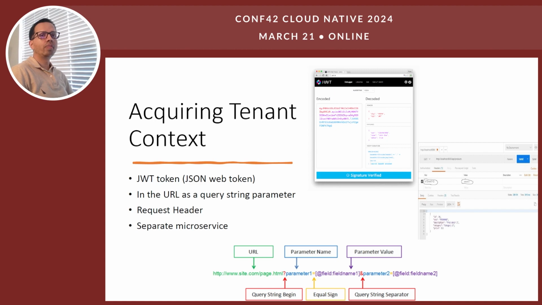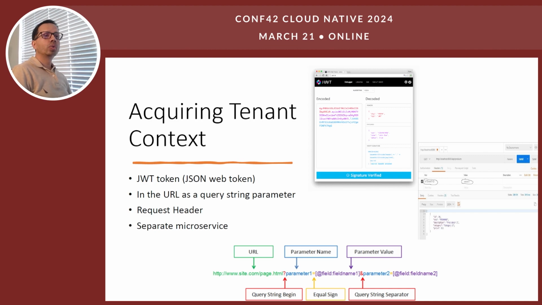The payload is a list of key value pairs, or claims, that tell us about the token: who issued it, when it is going to expire, or the intended audience. We can add our own key value pairs to these tokens, and we will use this to pass along the tenant ID. The last part is the signature, a combination of the encoded header, payload, and secret, and we can use it to ask the identity provider to confirm that no one has modified it.